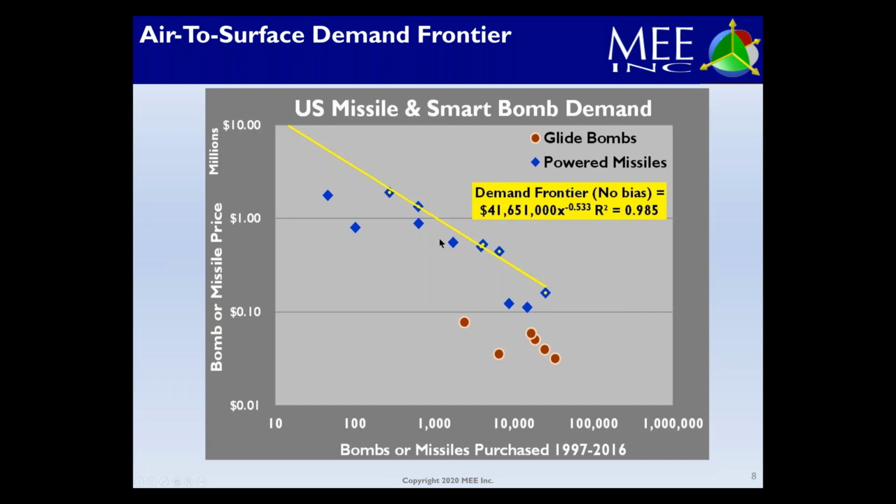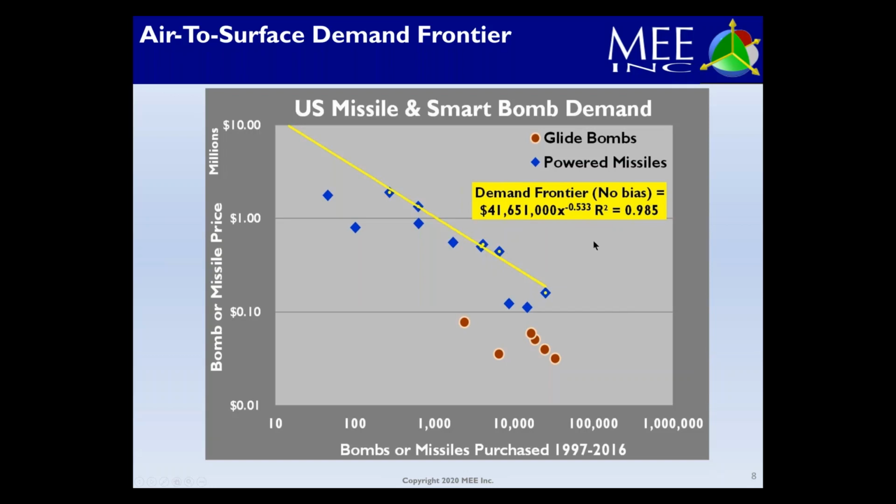Very interestingly and crucially, these points form what is known as the demand frontier. The demand frontier is the line that defines the outer boundary of the market, and you can't exceed it except by a little bit. This is highly correlated, and it's basically the limit the market has placed on itself for these types of devices.